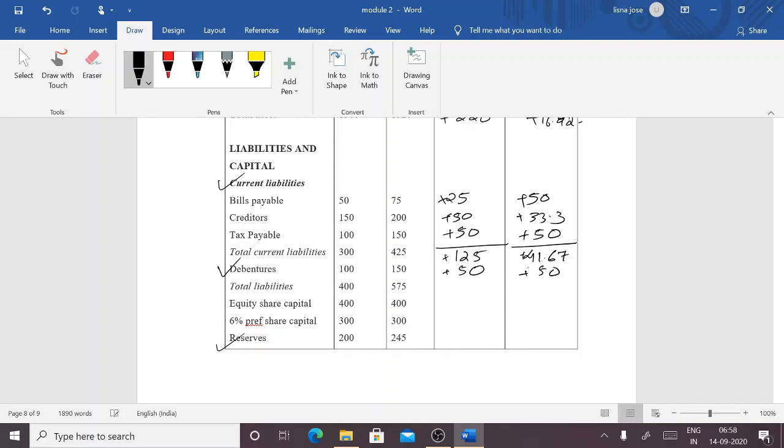So then what is the total liability? 175, right? 175, and the percentage becomes 43.75.